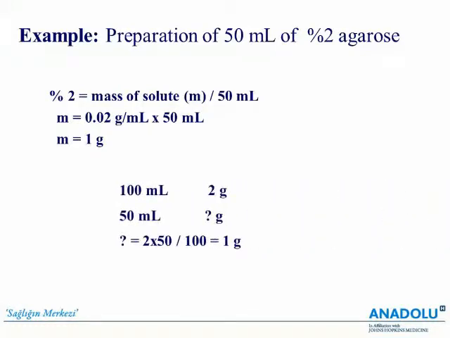If we forget the formula, we could always, of course, use a direct proportion and say, if we have 2 grams in 100 milliliters, how many grams should I have in 50 milliliters? So we could come up with that easily in another way. And then we take 1 gram of agarose and dissolve it in 50 milliliters of our solvent. So far, things go simple. Let's hope to keep them that way.